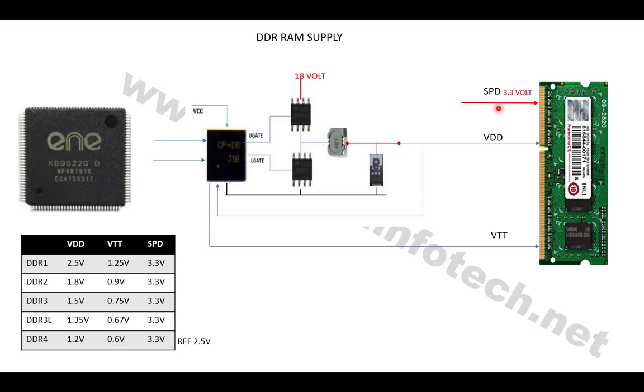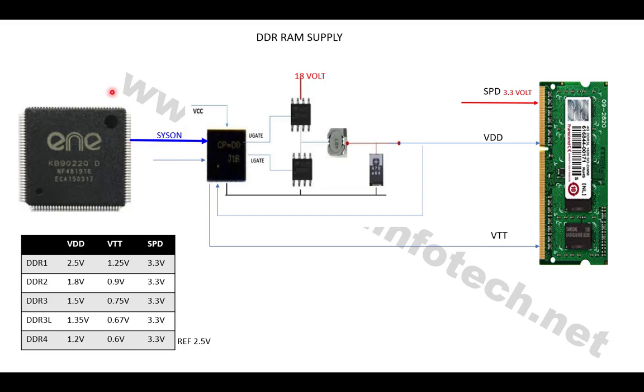The PCH then accordingly reprograms the CPU, and then the CPU starts communicating with the RAM. So that SPD chip requires 3.3 volt, and this 3.3 volt is coming from the 3 volt and 5 volt section. Then this buck converter will be turned on by the SIO sending the sys on signal.